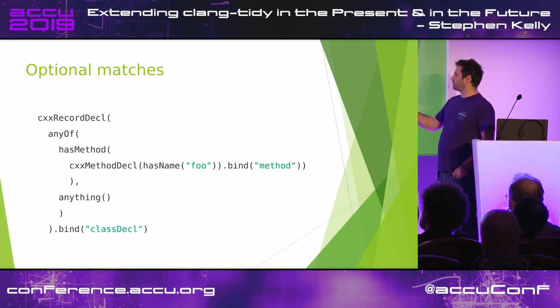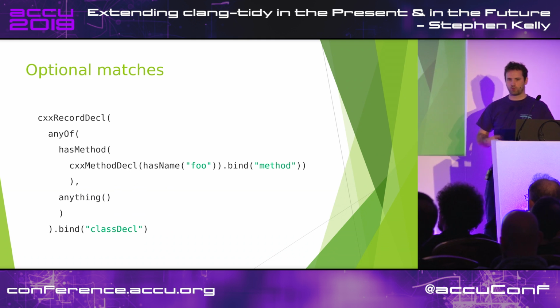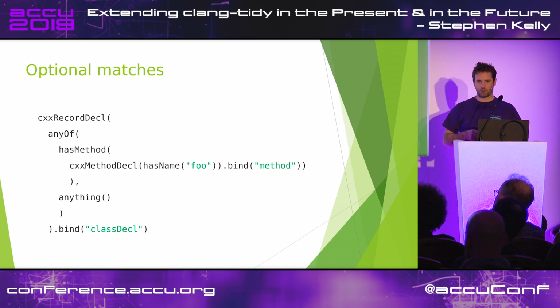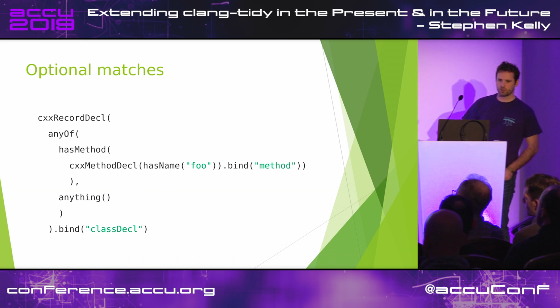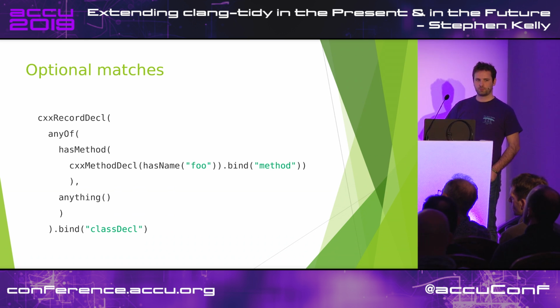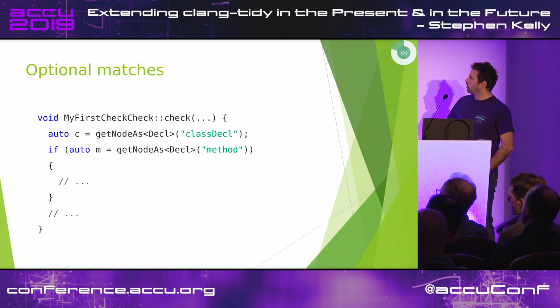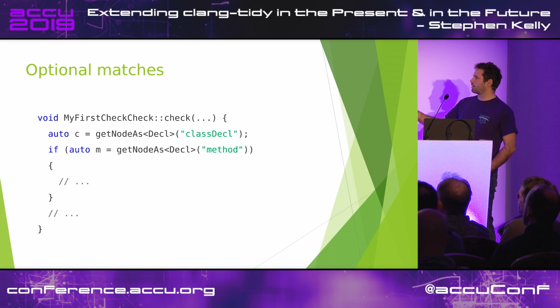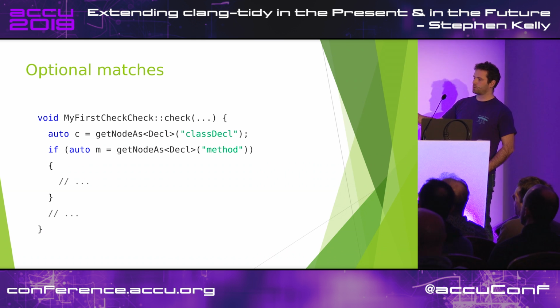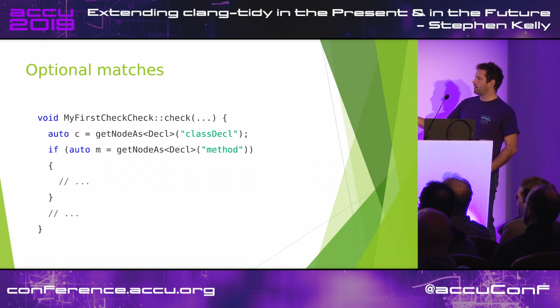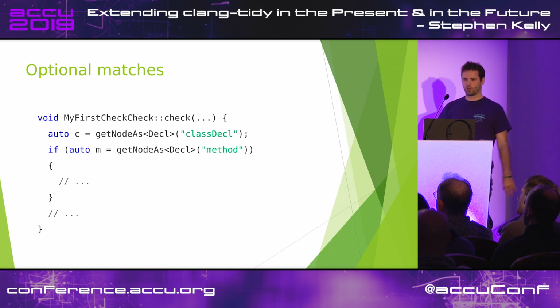But if it is found, then we bind it. That means we're going to be able to capture that later and rewrite it, which is probably what we want to do. And the way we do that is like this. We get the class decl out of the result set. We get the method out of the result set if it's not null, and then we process each of those elements with locations.